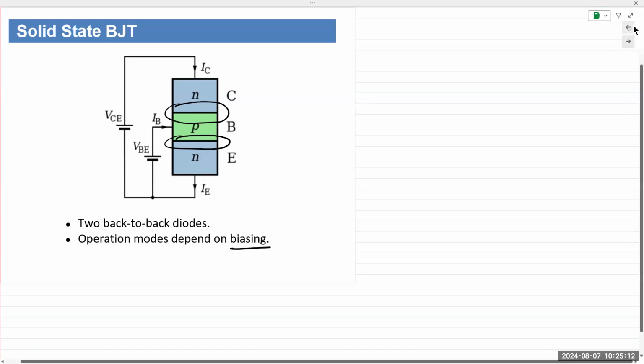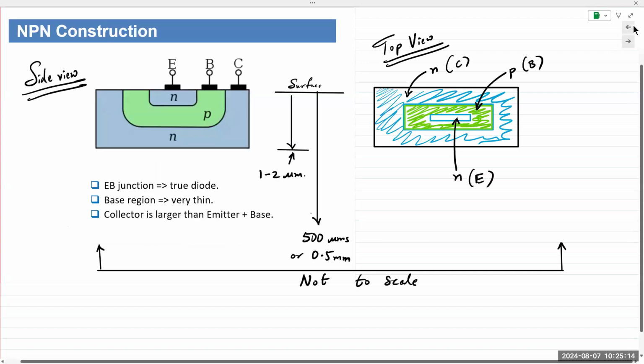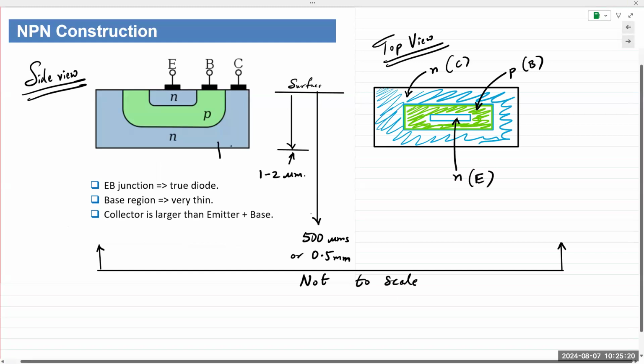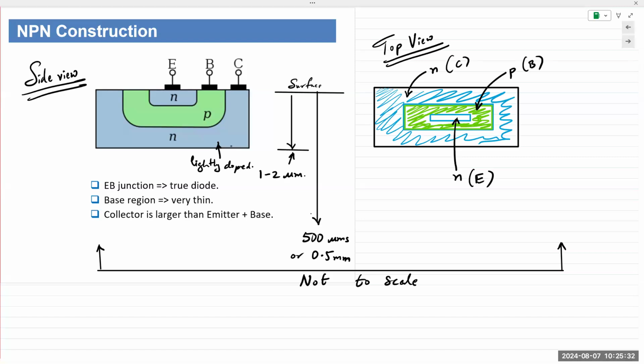But let me go back here. So in this physical construction, what happens is, a collector, this is the collector. It is lightly doped. Lightly doped means there are not a lot of impurity atoms in that semiconductor material.